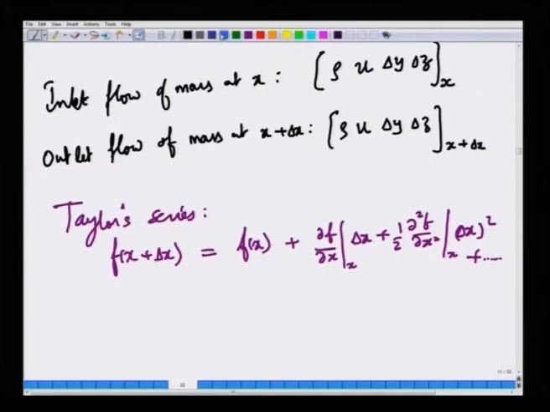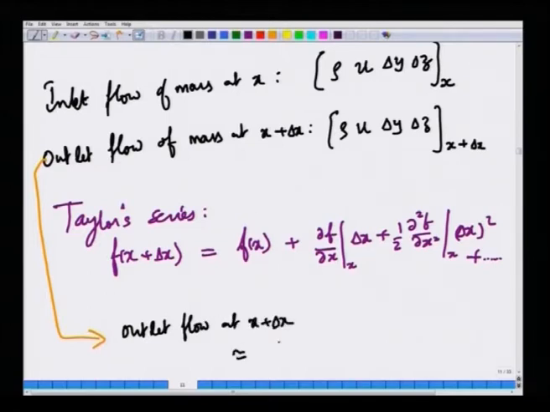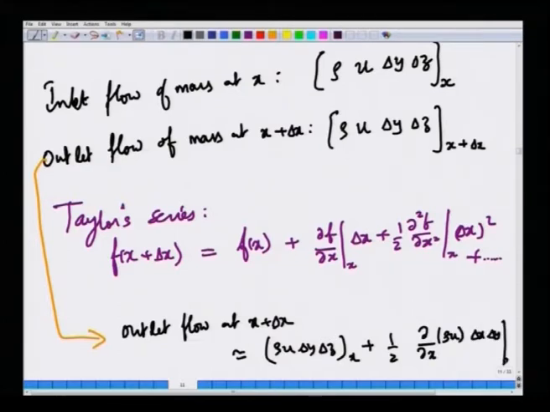So, this term becomes outlet flow at x plus delta x is approximately rho u delta y delta z at x plus partial by partial x of rho u, because delta y delta z are constant, at x times delta x.